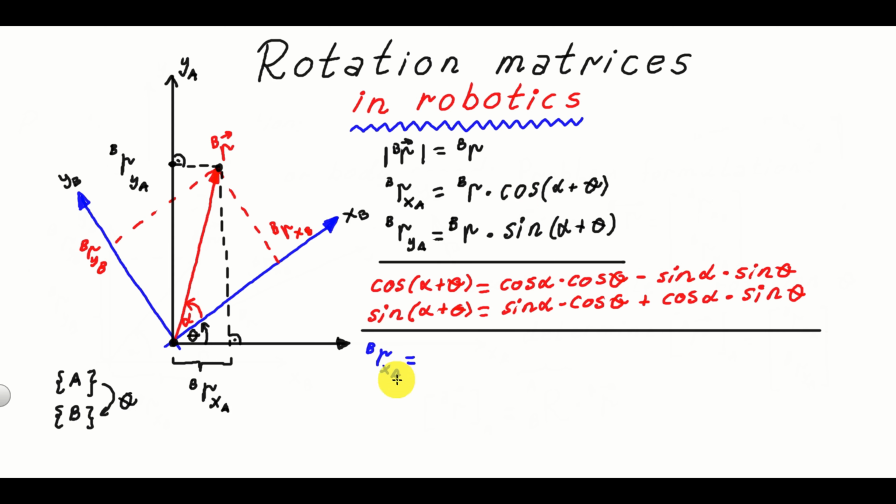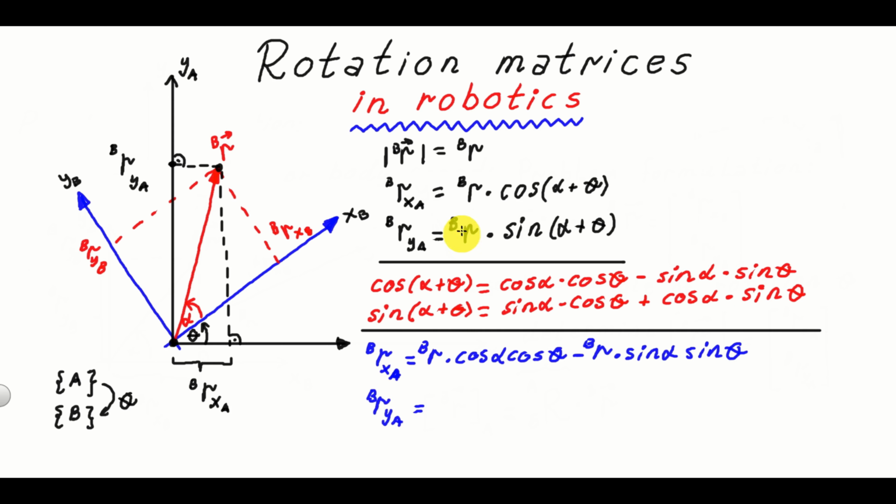So we will have RB, that is the intensity, multiplying cosine alpha, cosine theta, minus RB multiplying sine alpha, sine theta. Good. Then let's write the second equation. The second equation reads like this.